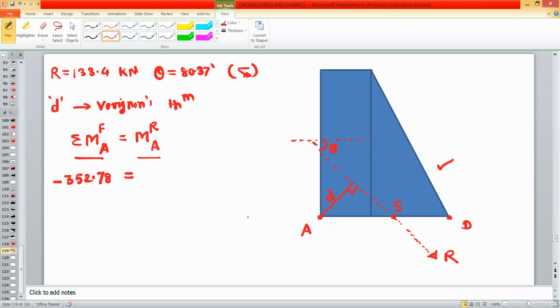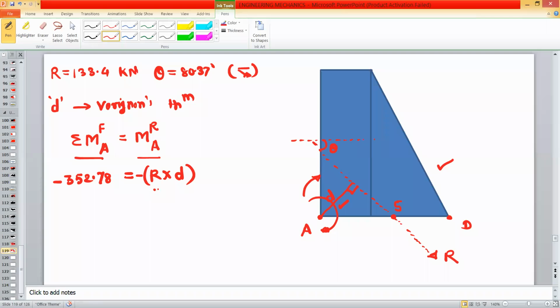Resultant R into, we have considered the perpendicular distance as D. Right now we have considered the resultant as acting on the right side of the point A, so it will try to rotate the system in the clockwise direction. So it will be a clockwise moment, so it is minus.